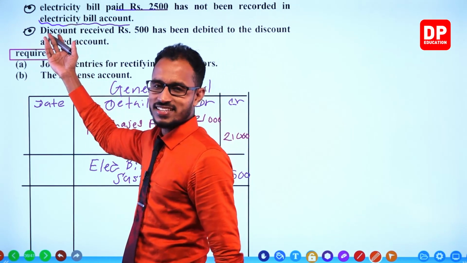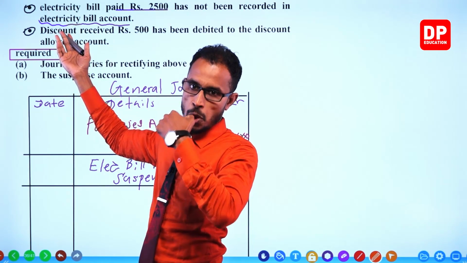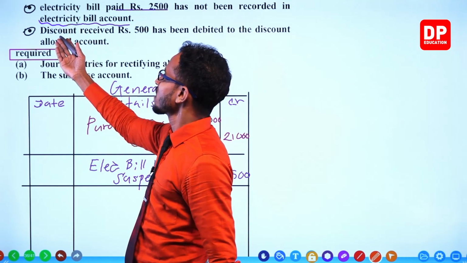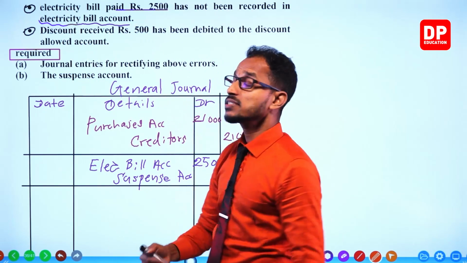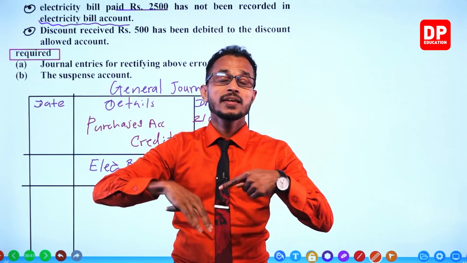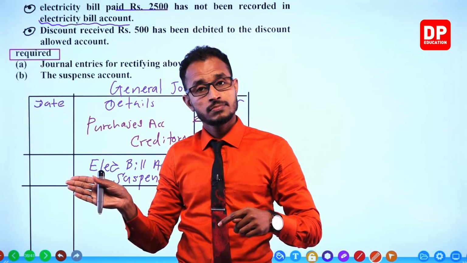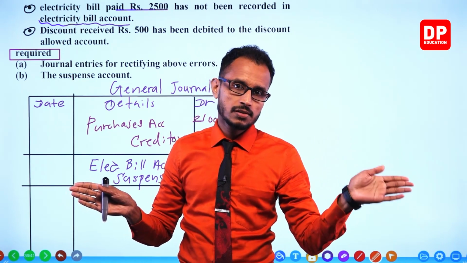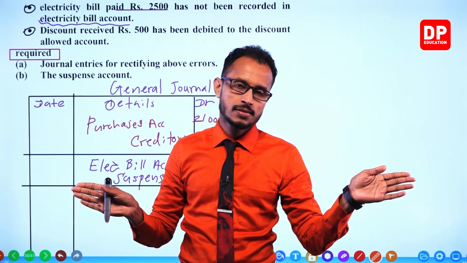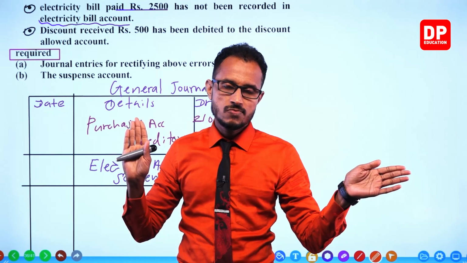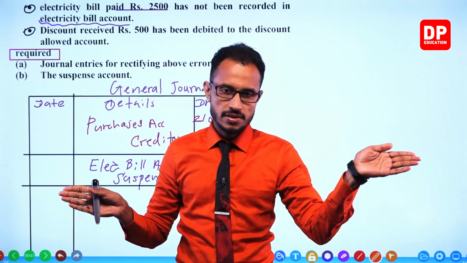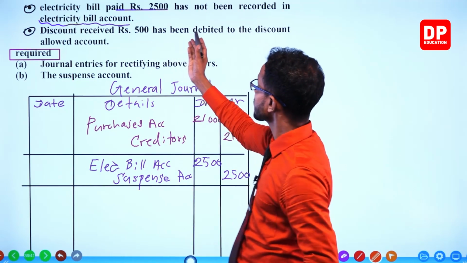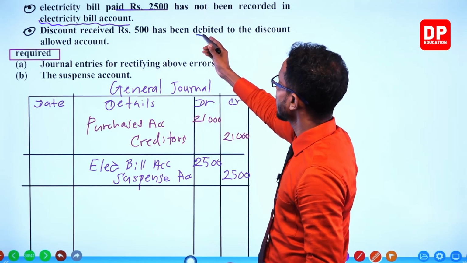Okay, these are normally errors which happen in a business. Discount received 500. Discount received is an income. Income accounts are credited. But the error is, which should be credited is debited to discount allowed account.